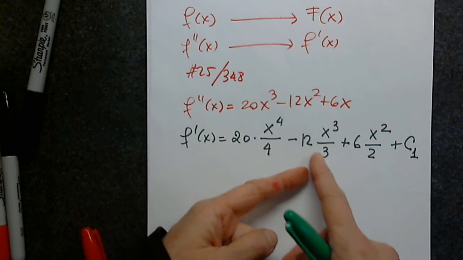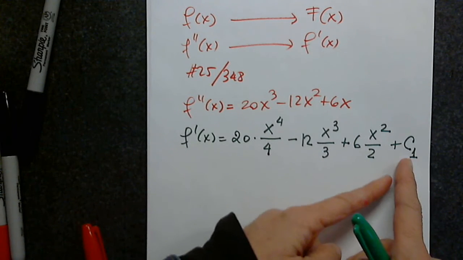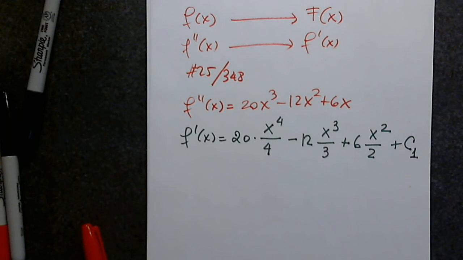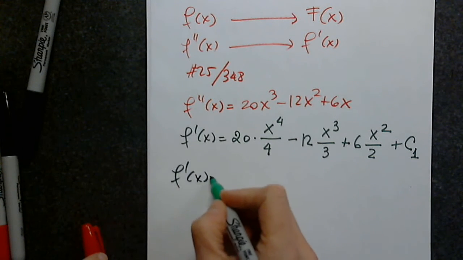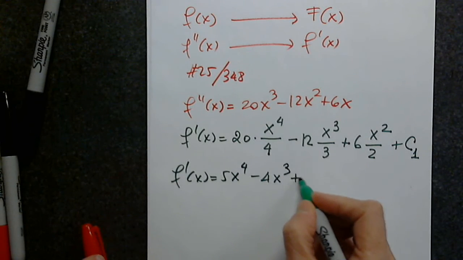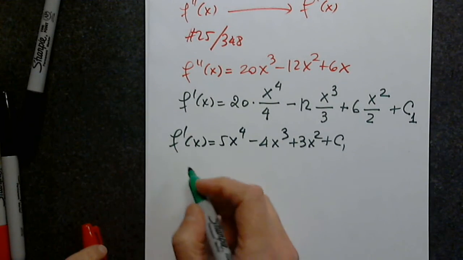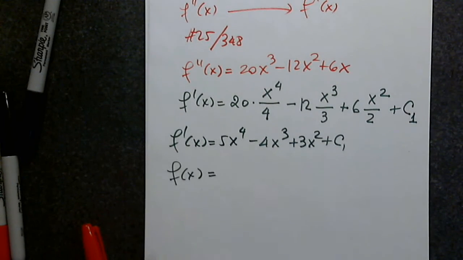Differentiate, I get 3, 3 goes away. 2, 2 goes away. And when I differentiate a constant, I get 0. I have to clean it up. So f prime of x will be 5x to the fourth minus 4x to the third plus 3x squared plus C1. And now I'm ready to find f of x.